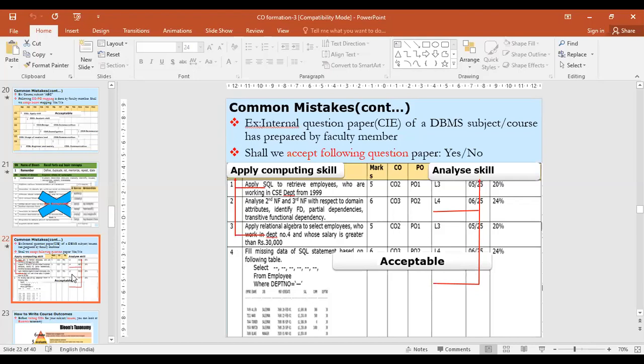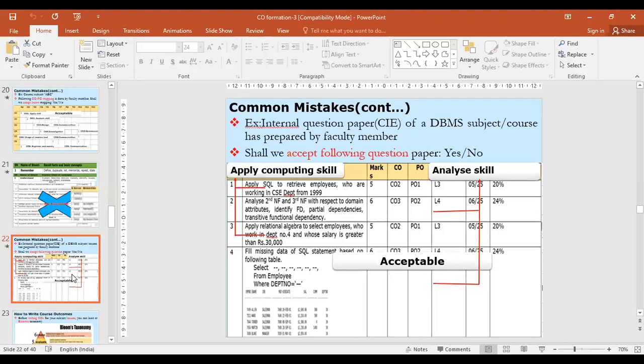You do one thing. Take unit 1 and write the COs. Don't worry whether it is apply level, analyze level or design level. Then for unit 2, write some COs, like apply level, analyze level, or something like that.